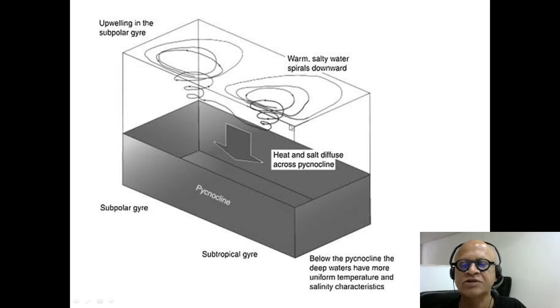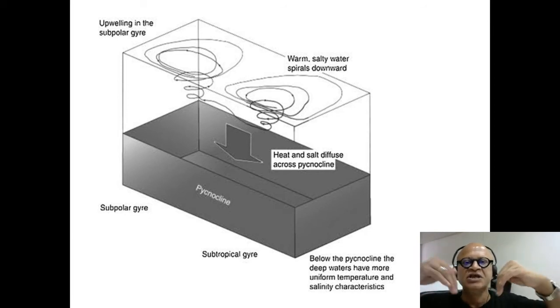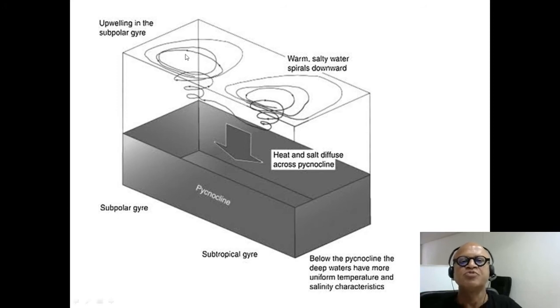So heat and salt diffuse across the pycnocline into the deeper ocean, and in the subpolar gyre obviously those are pulled up. Why does this not just go up? We have just shown that there is convergence, there is pushing down of the light surface waters in the subtropical gyre, and there is pulling up of the cold heavier water in the subpolar gyre.